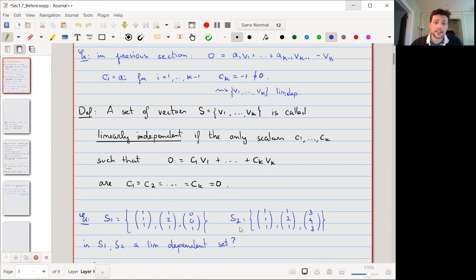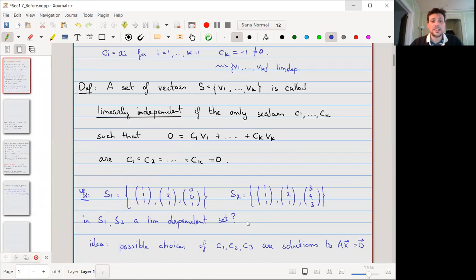The way we do that is by using the point of view of linear dependency on something that we're already accustomed to. Linear dependency means that we want to write zero as a linear combination of the vectors in here, possibly using non-zero coefficients.